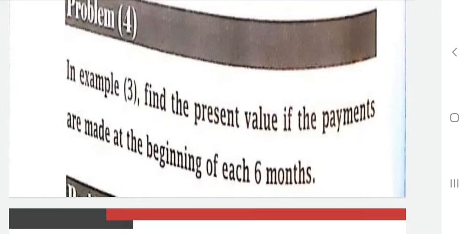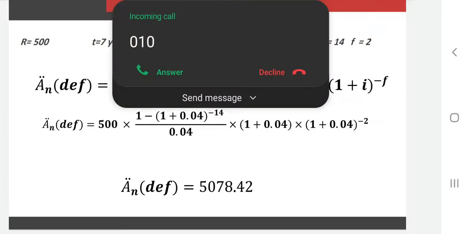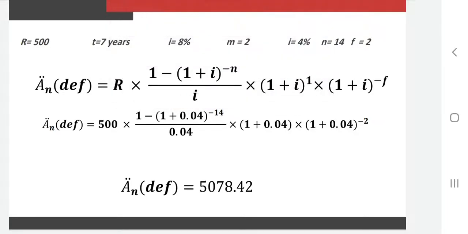Problem 4. In example 3, find the present value if payments are made at the beginning of each 6 months. R equals 500, T equals 7 years, J equals 8%, M equals 2, I will be equal to 4%, N equals 14, F equals 2.